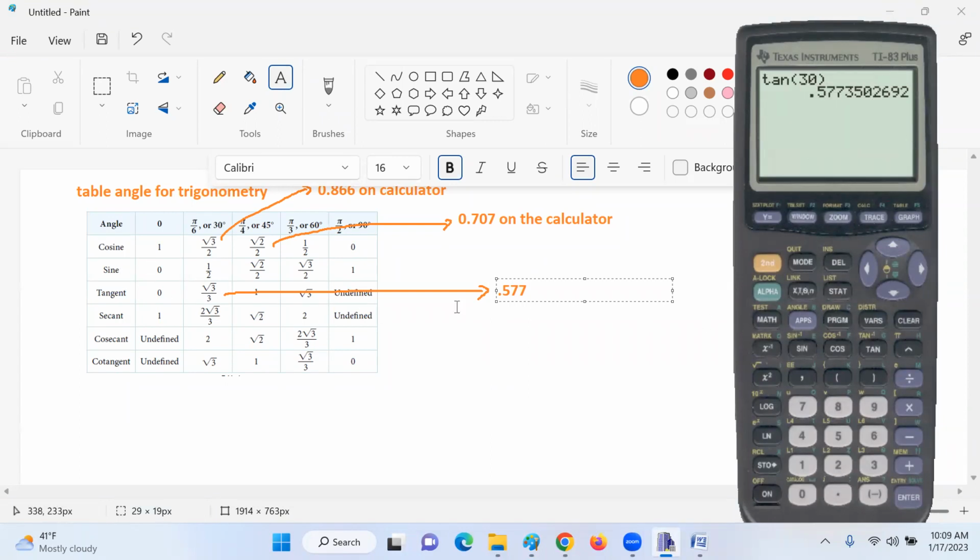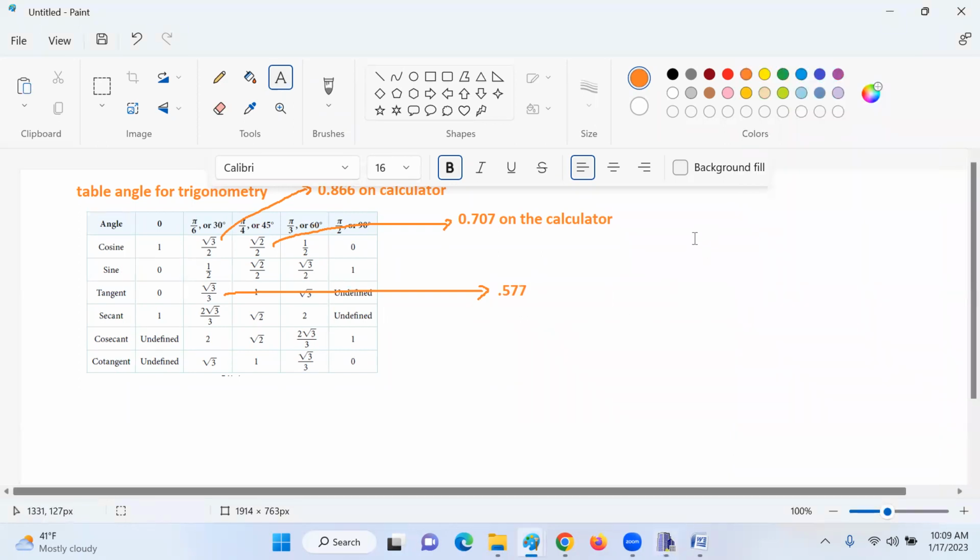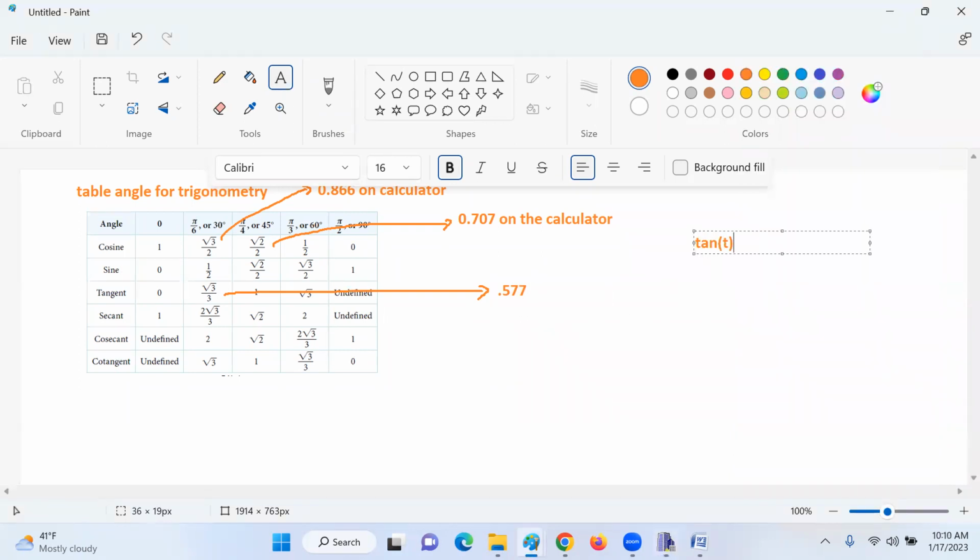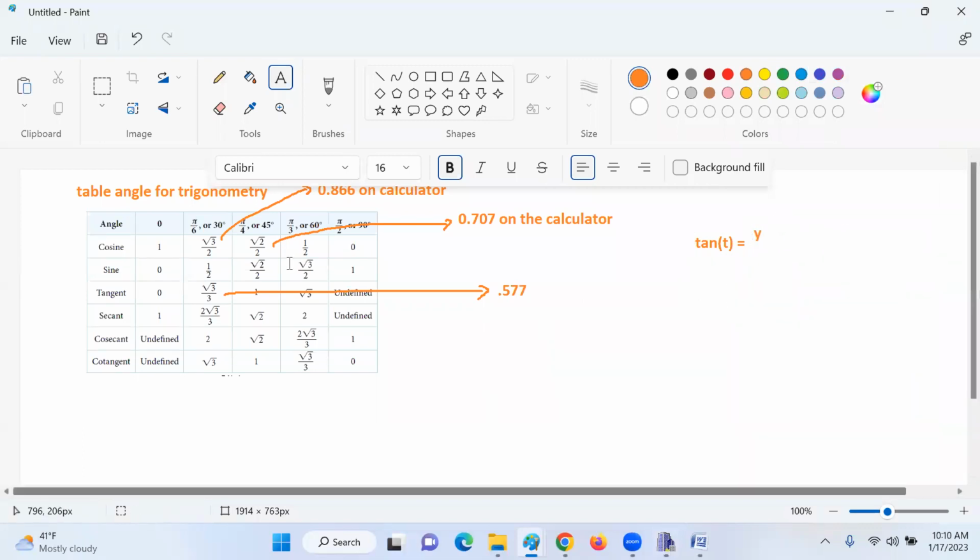And then we also know the fact that the tangent of t equals y over x. So we can also take the sine of 30 degrees over the cosine of 30 degrees.